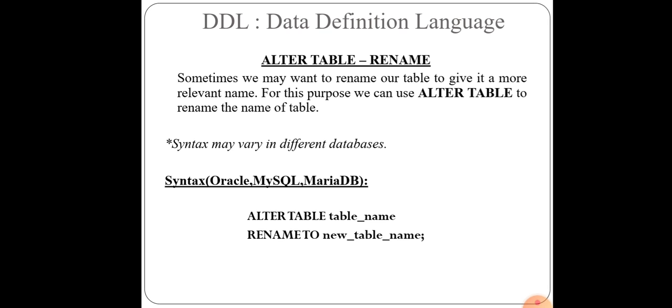The next variation with the alter table command is the rename keyword. If you want to rename the table, you can say alter table, table name, rename to, and mention the new table name. So first you mention the previous table name and then you mention the new table name that you want to give.